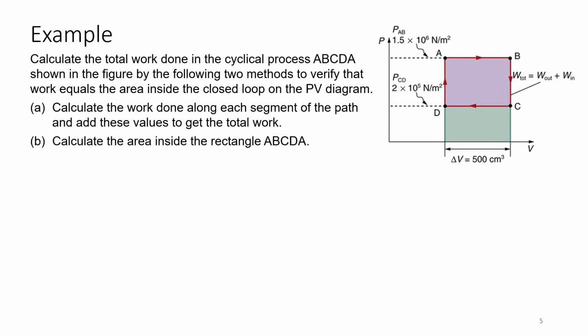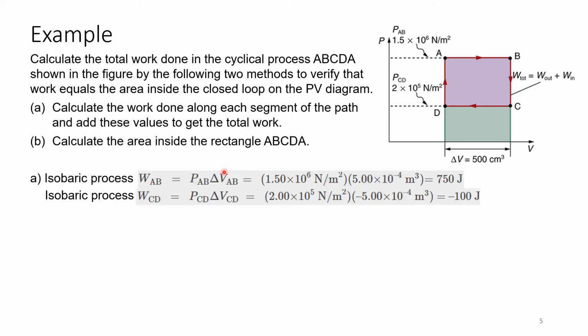Let's look at this example together to show that if the system follows a cyclical path A, B, C, D, A, the total work done equals the area inside the closed loop on the PV diagram. To calculate the work done by the gas along each segment of the path, we use W equals P delta V for the isobaric processes AB and CD.